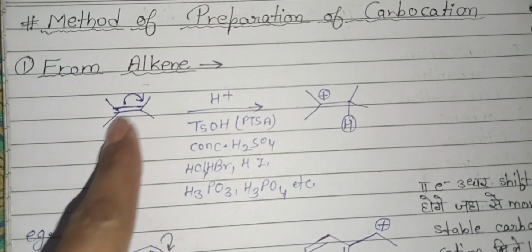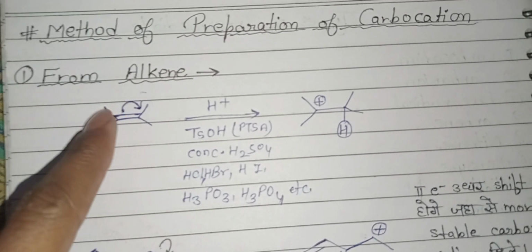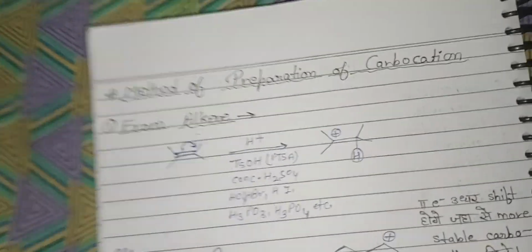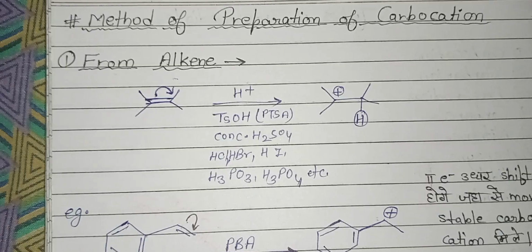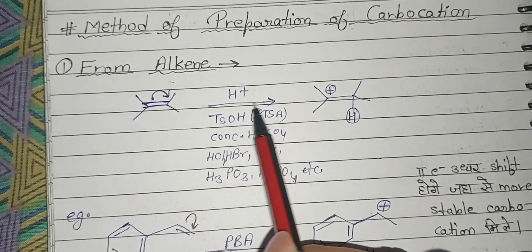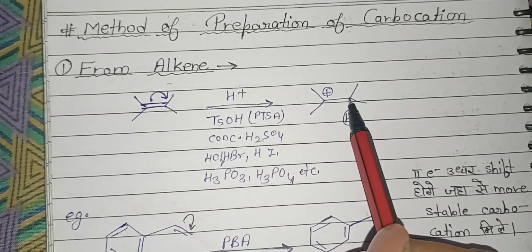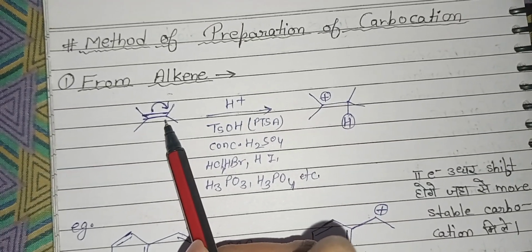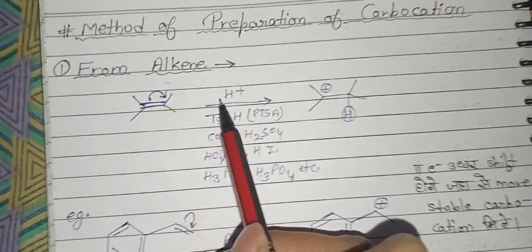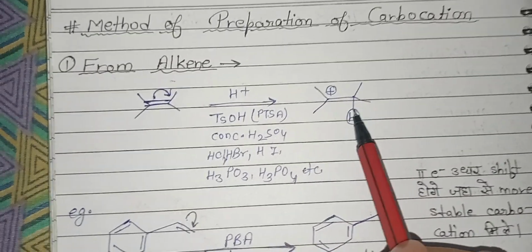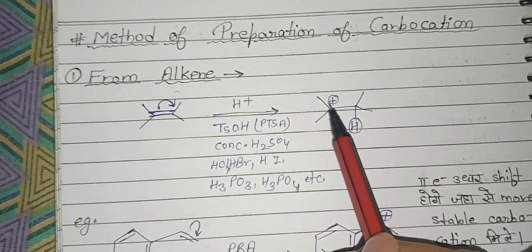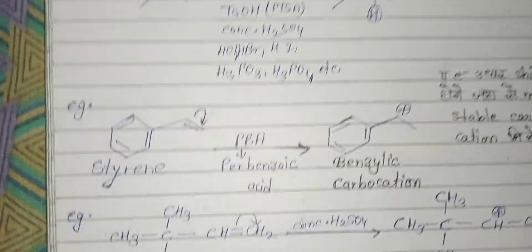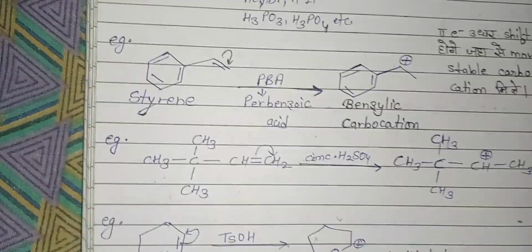Carbon has three bonds, 1, 2 and 3, and this positive charge, so a carbocation arises. In the presence of acid we have this H plus, and the negative charge takes the H plus and it becomes this. So this is the carbocation we have prepared. This is the first process.